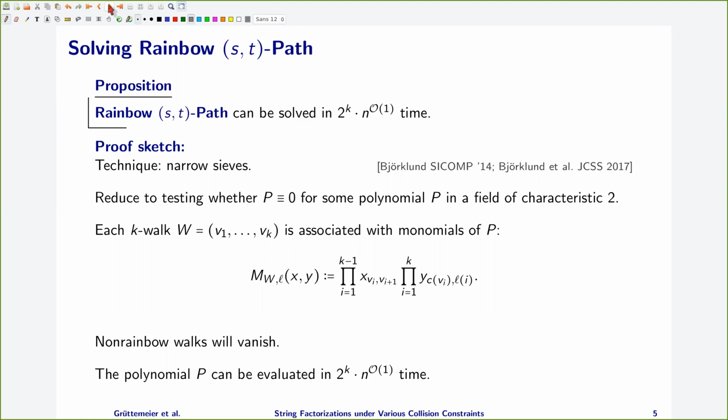It's much larger than 2 to the k times some polynomial in n, but we can evaluate it efficiently in this 2 to the k times poly n time. So that's the algorithm that we use. It's basically a small extension of what was known for directed k-path.